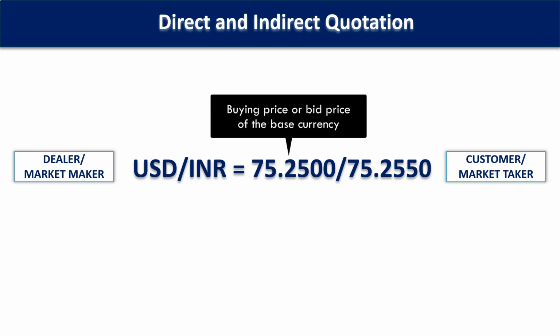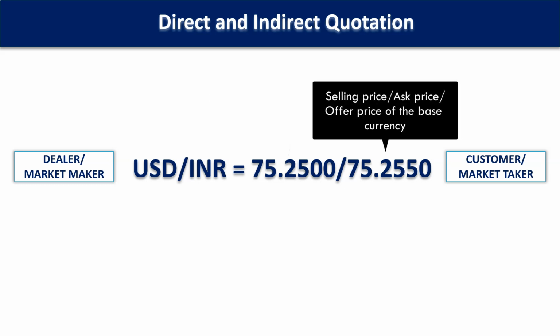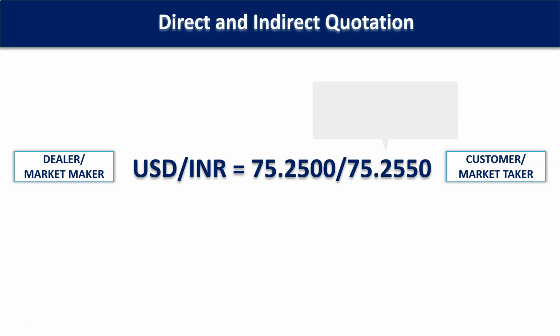The price on the left is always the buying price or bid price of the base currency, and the price on the right is the selling price or ask price or offer price of the base currency. So, 75.2500 is the buying price of 1 USD and 75.2550 is the selling price of 1 USD.